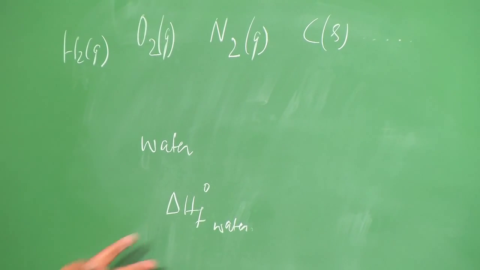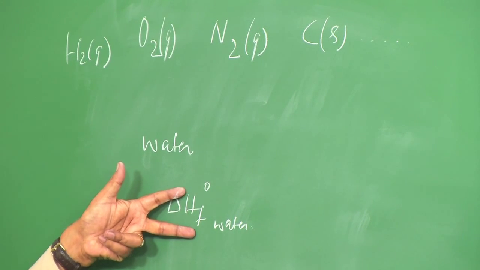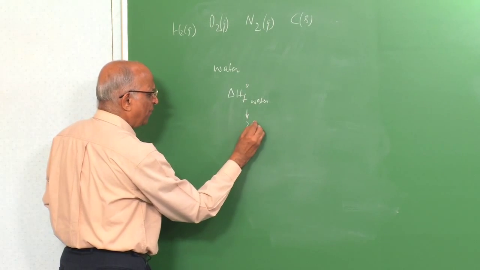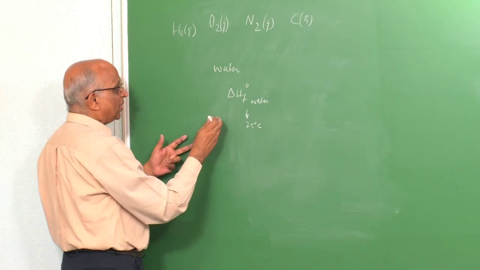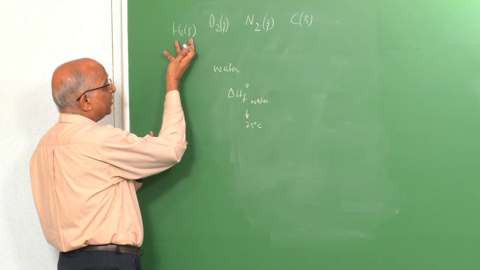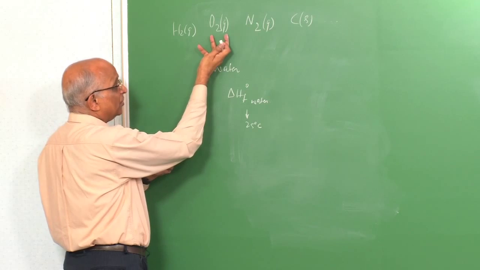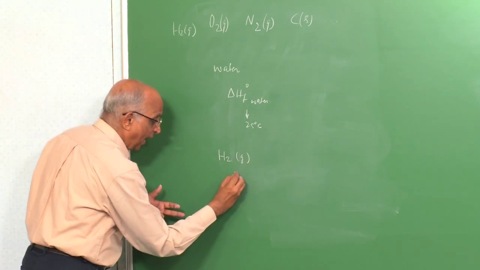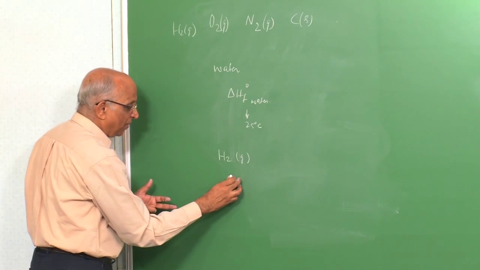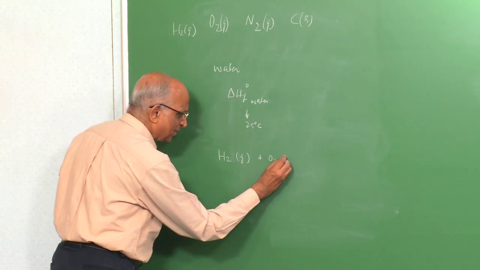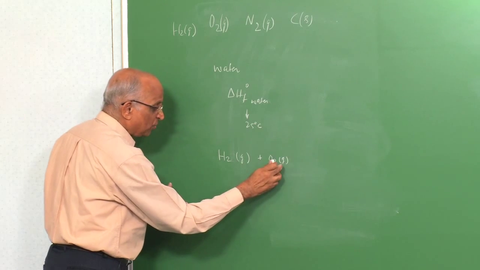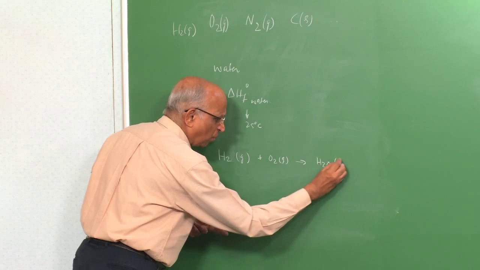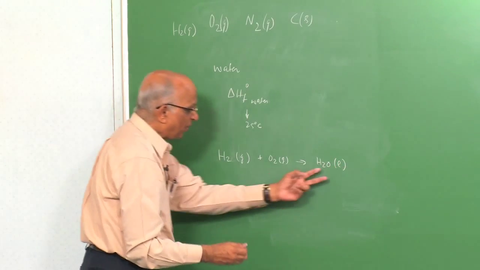then I am interested in forming water, but I cannot just say 1 atmosphere pressure. I say that if I want to form water at 25 degrees centigrade from its elements, namely H2 as a gas at 1 atmosphere pressure and 25 degrees centigrade, and oxygen as a gas at 1 atmosphere pressure and 25 degrees centigrade, I form water, that means water as a liquid at 25 degrees centigrade.